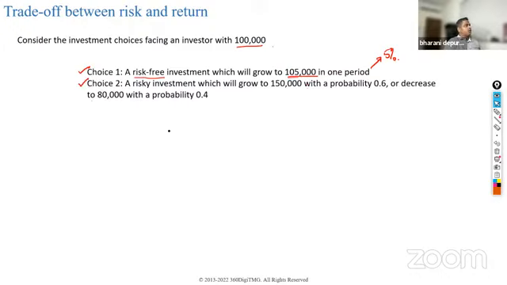If you invest in choice 2, which is a risky investment, whenever we talk about risk, risk can either be positive or negative. Usually people assume that negative means risk. Negative means a threat.